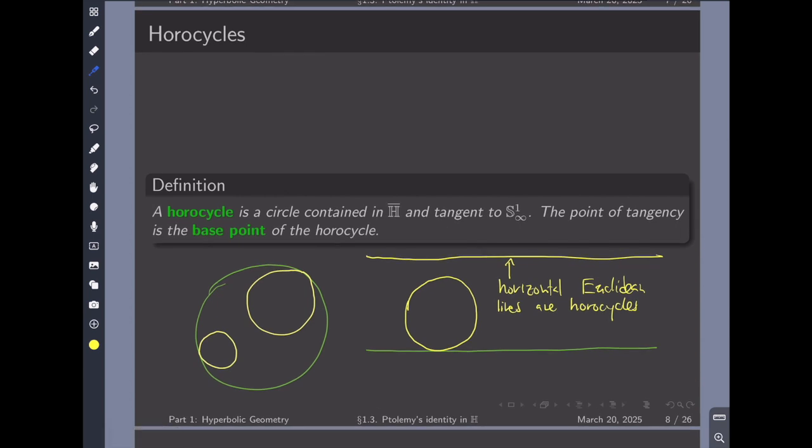So an intrinsic definition, if I remember correctly, is a curve of positive curvature in H, and right now I'm bypassing the definition of curvature in H. That's what I'm bypassing by doing this.